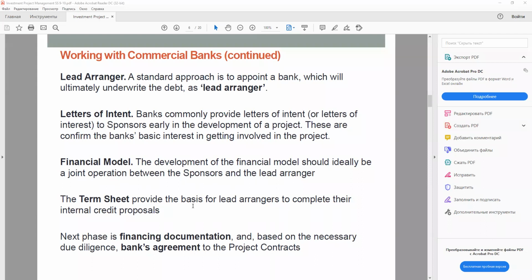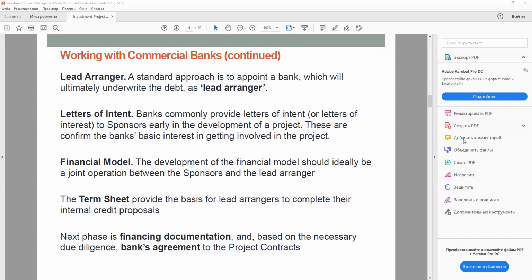A mandate letter is normally signed between the sponsors and the selected lead arrangers, which expresses the bank's intentions, subject to due diligence, credit clearance, and agreement on detailed terms. So, the intention to underwrite the debt is required. Some indication of pricing and other debt terms may also be given, although this may be difficult at an early stage of the transaction.